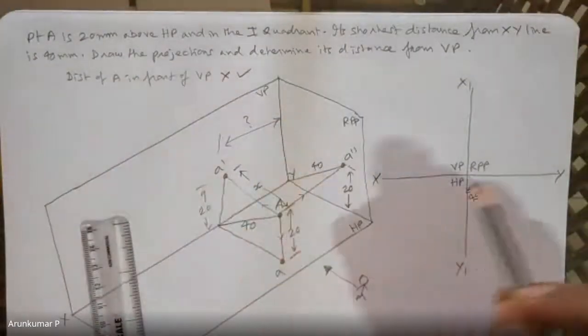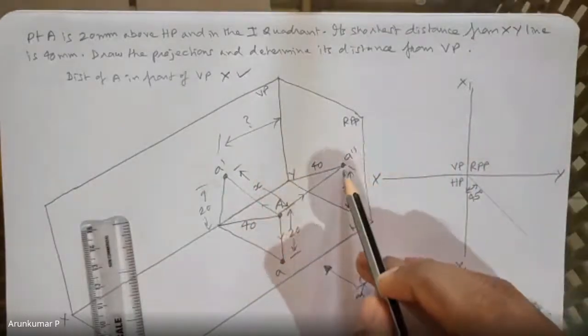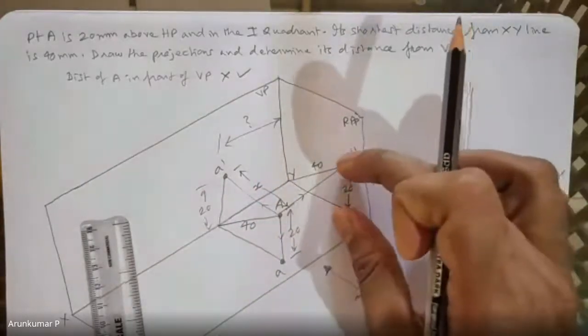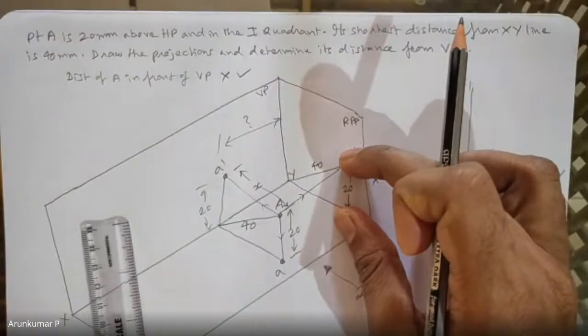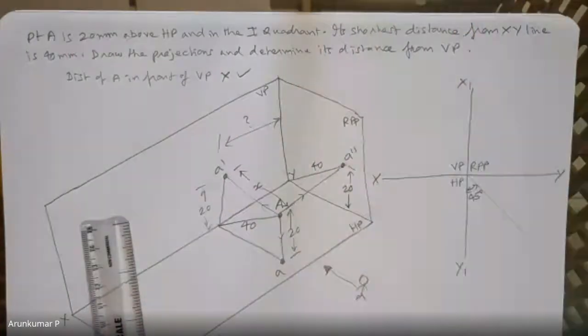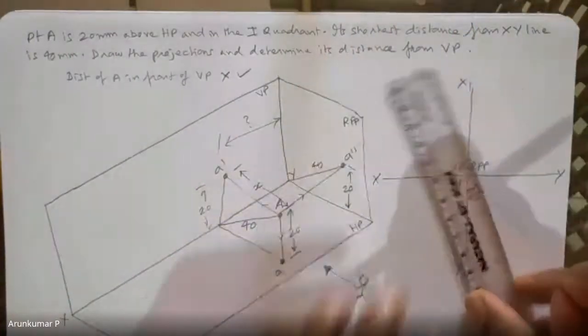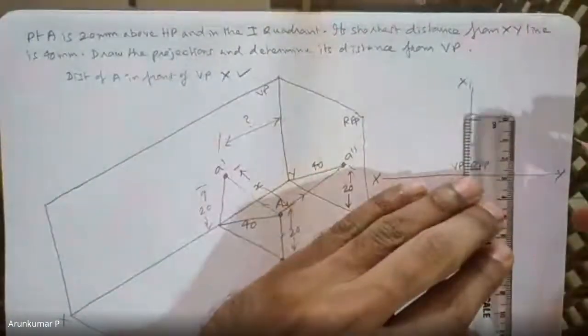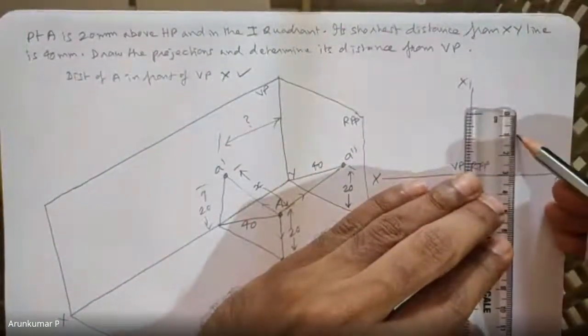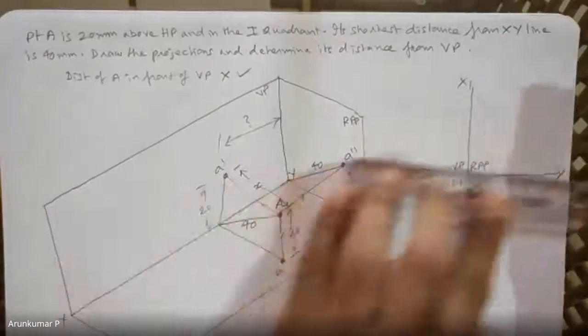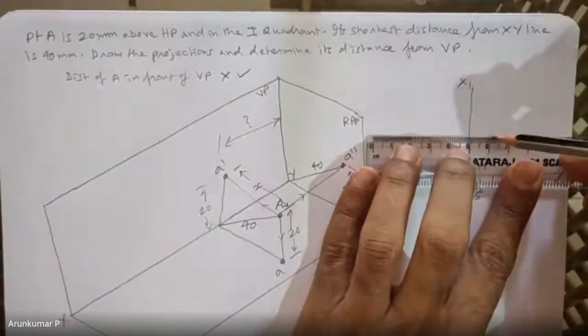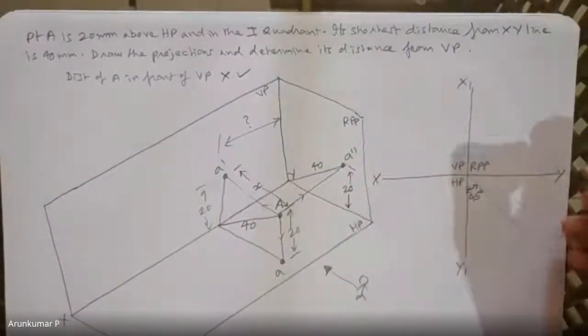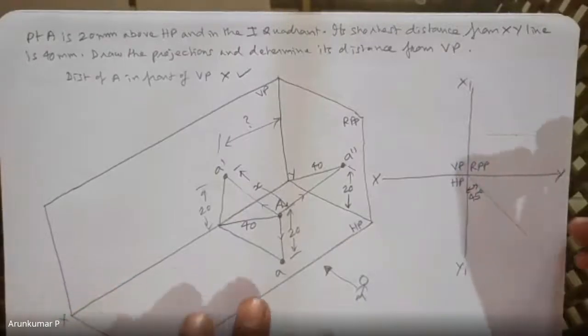Let us try. See, A double dash. What distance above XY line you will find? 20 mm above. So let us try doing that. 20 mm above. I'll just draw a line. So this is 20 mm above.